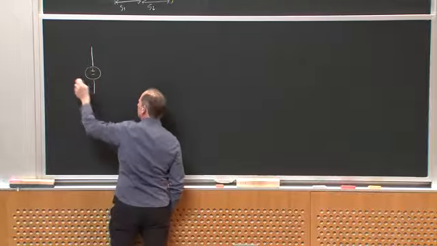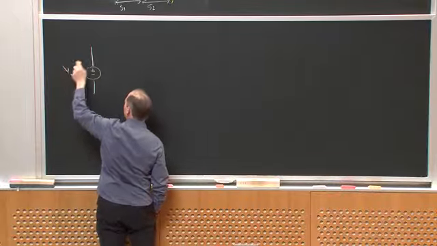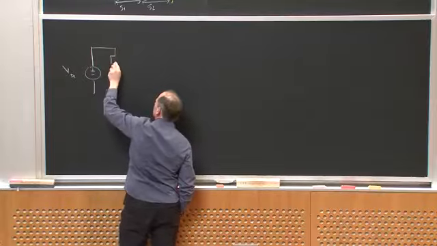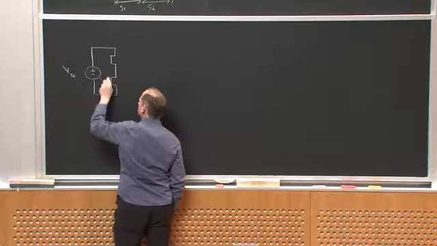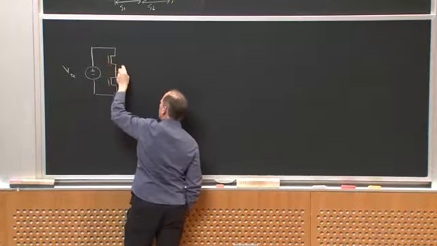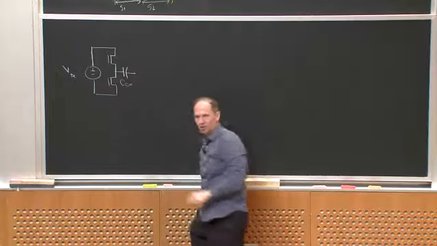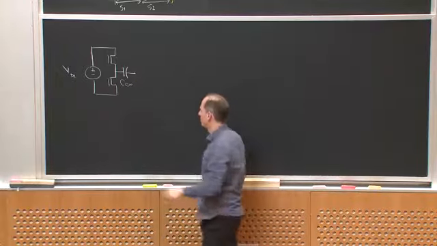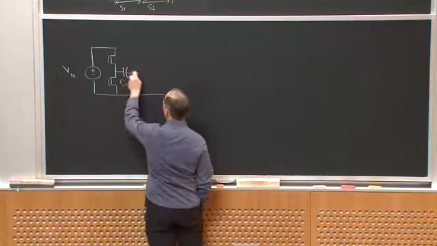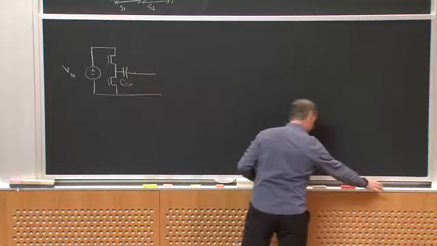Okay, I'll have VDC again. And for simplicity, let me put in C infinity. This is just a blocking capacitor. Okay, so I'm going to get a voltage on the other side of this that I'm going to call Vx prime.